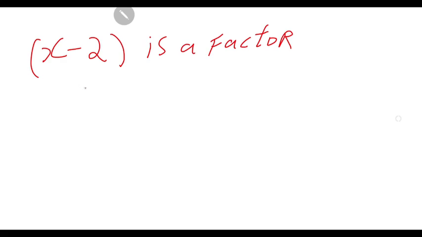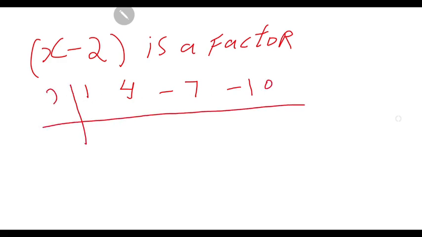The first is 1, then positive 4, then negative 7, and the last constant is negative 10. Now I'm going to divide by 2, because 2 is the root.